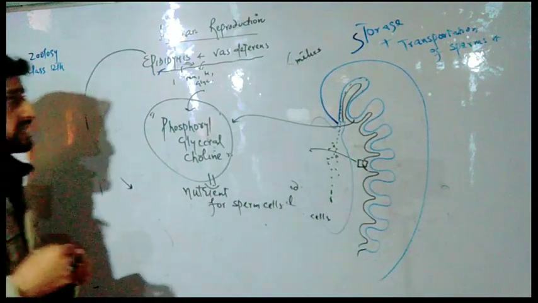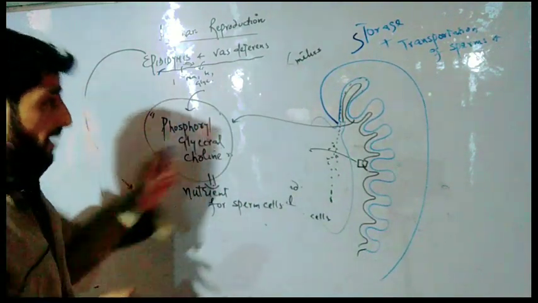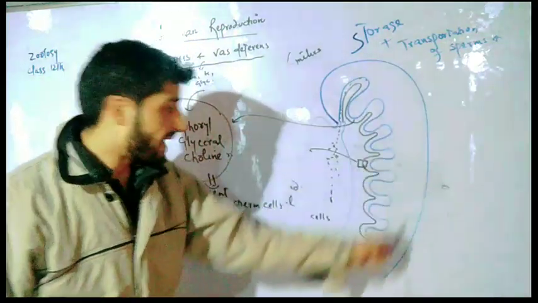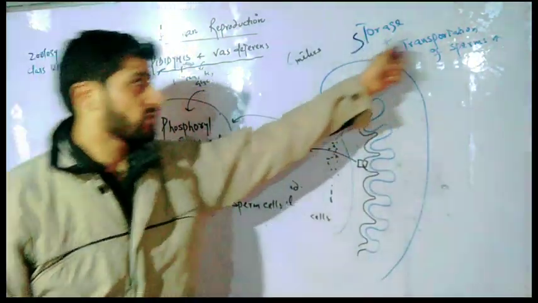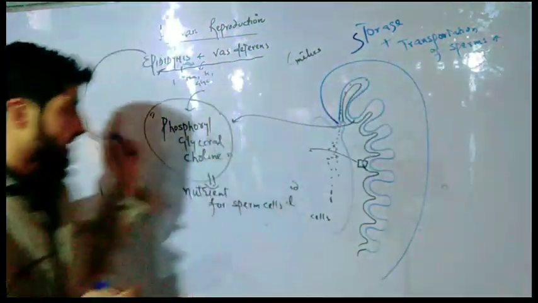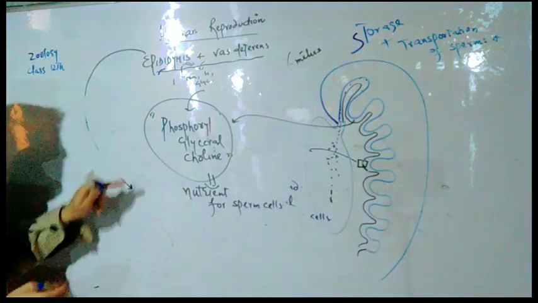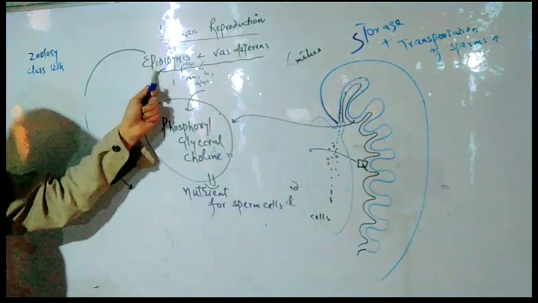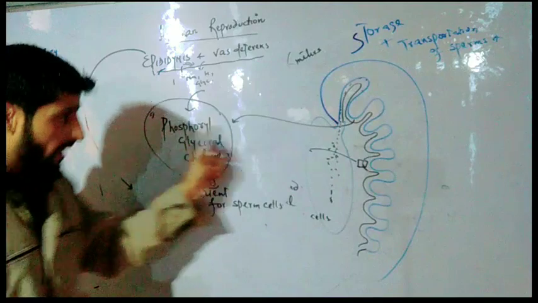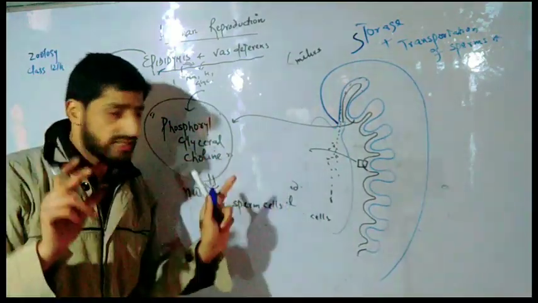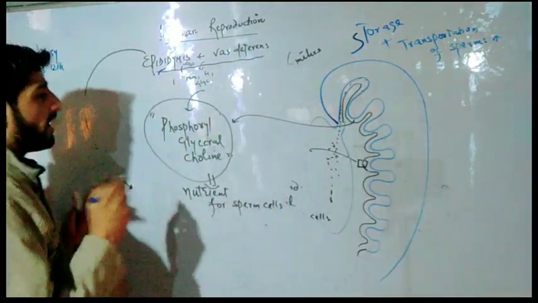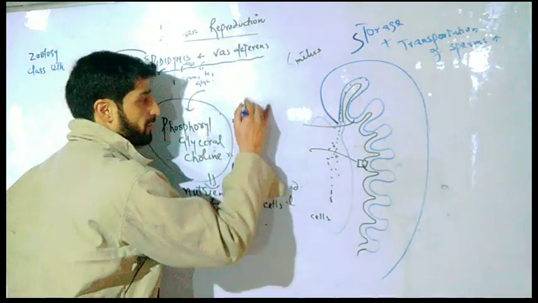Simultaneously, the next point is that the primary role of epididymis, this comma-shaped structure, is storage and transport of sperms. Simultaneously, the third function that I told is that the wall of epididymis, made of pseudostratified epithelium, has absorptive function.